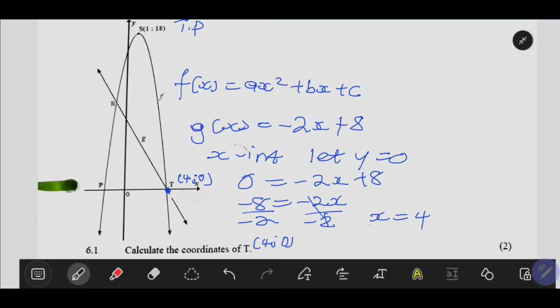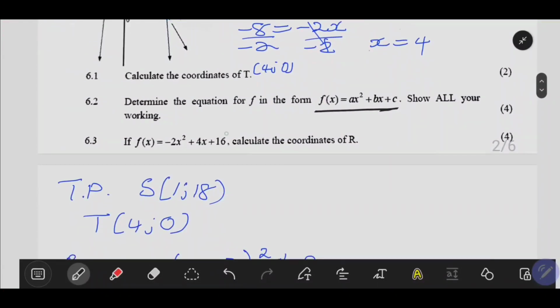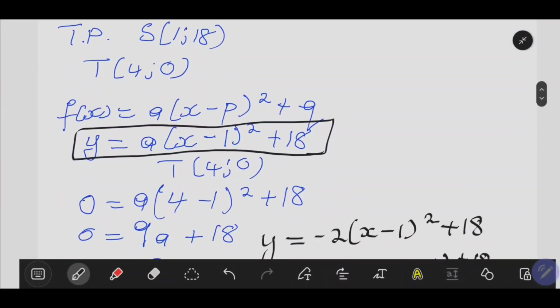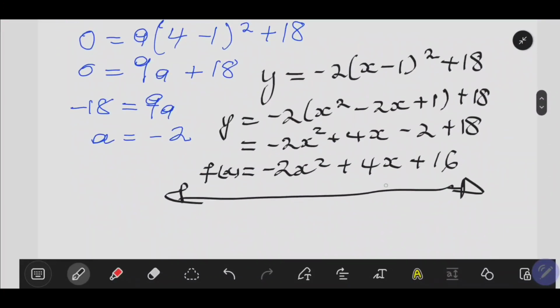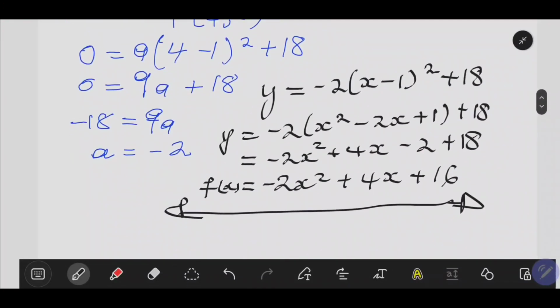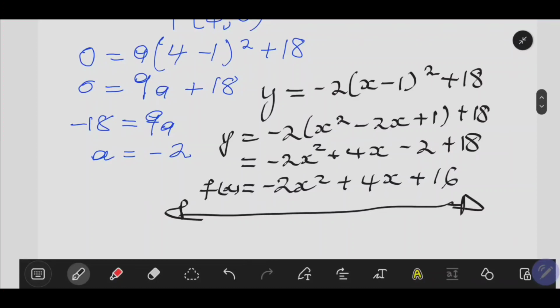So if they want the value of R, we must take the graph of f of x and equate it to the graph of g of x, and then we can solve for x. Before we solve for x, you see this equation is the same equation that we got here. So our equation that we calculated is very much correct.